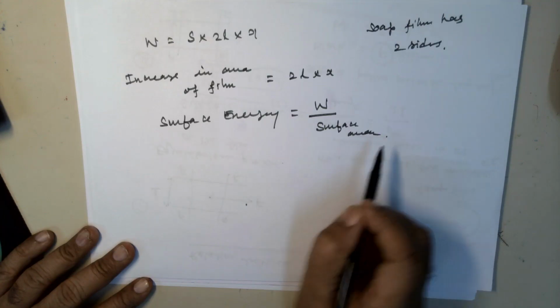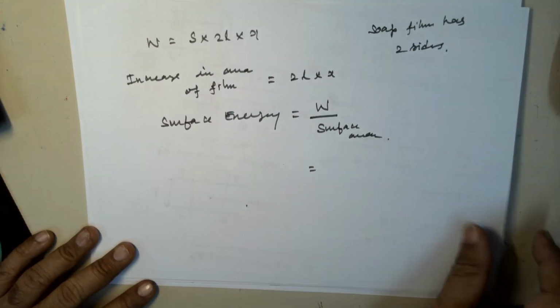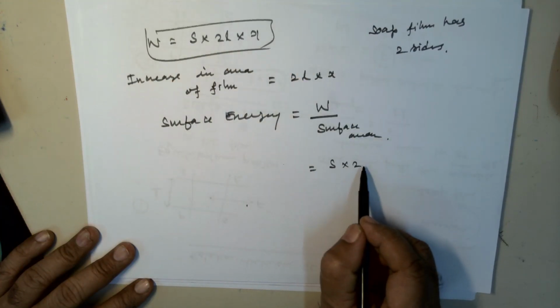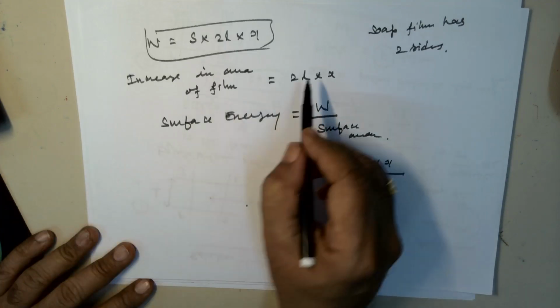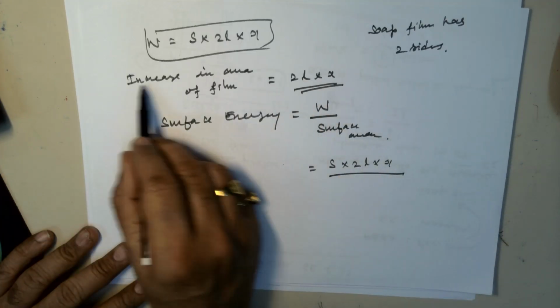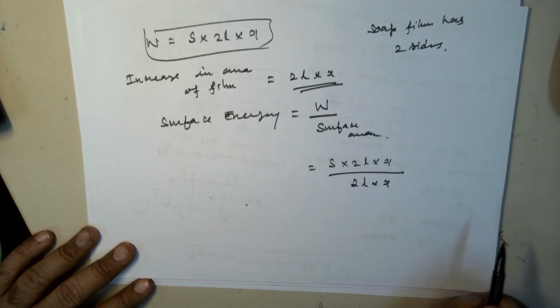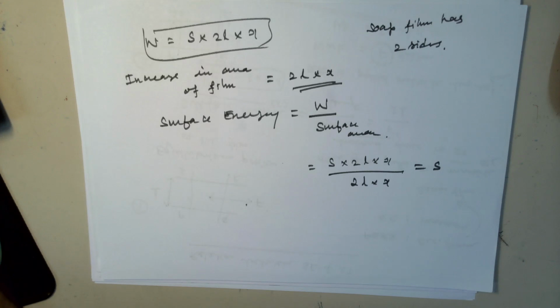So what is the work done? The work done is available here, that is S into 2L into X, divided by the increase in surface area 2LX. So it means that is the surface tension itself.